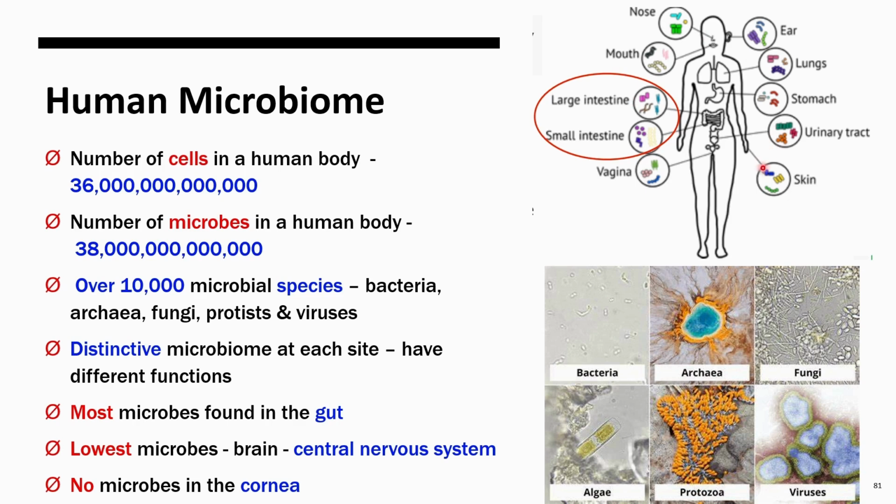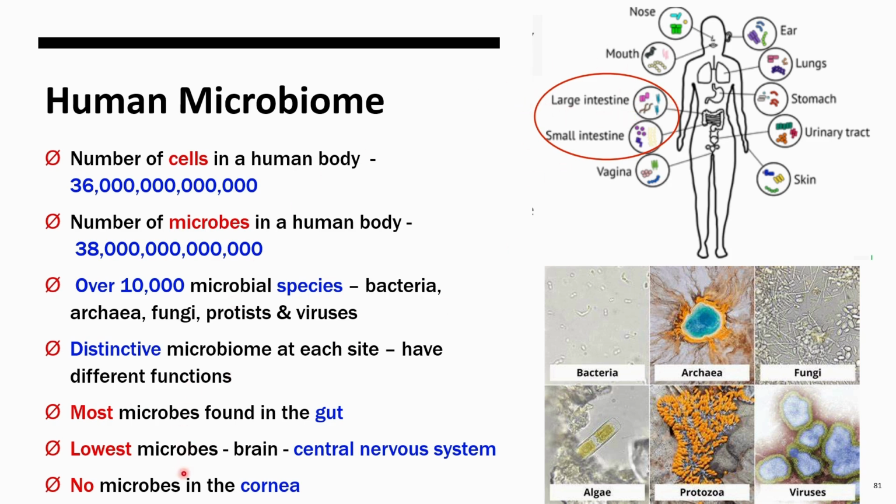Every place in your body, on many surfaces and many organs, has these microbes. And the microbiome is very distinct to each site. And in each site, they have different functions. Usually, most microbes are found in the gut, in the large and small intestine.